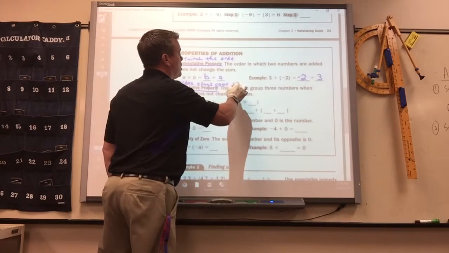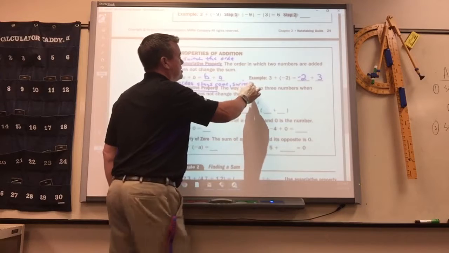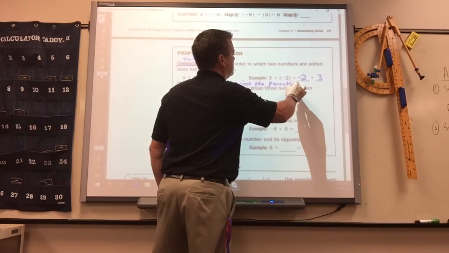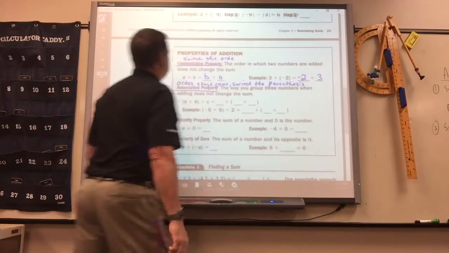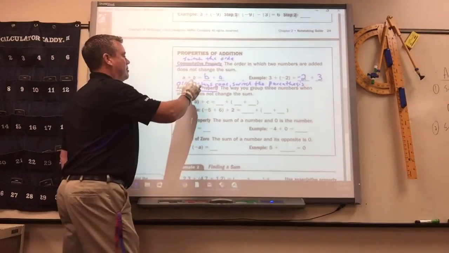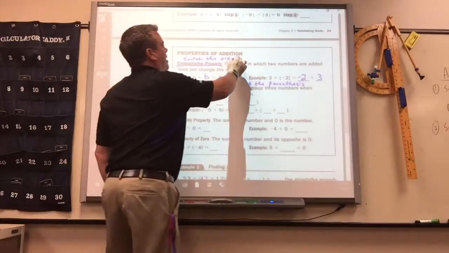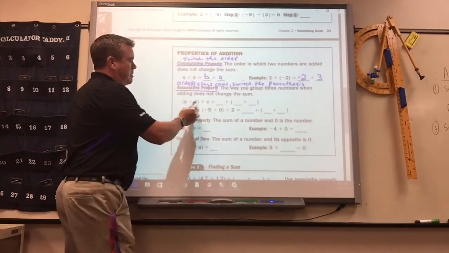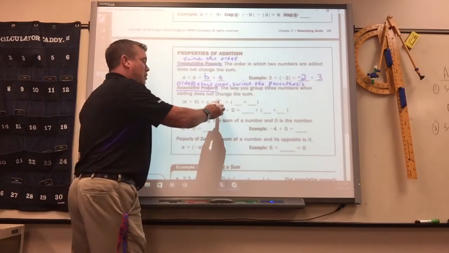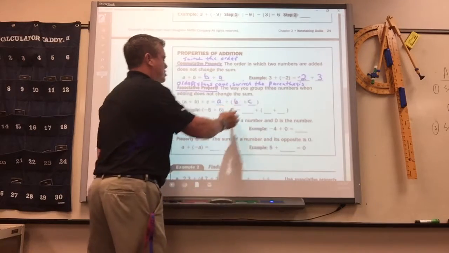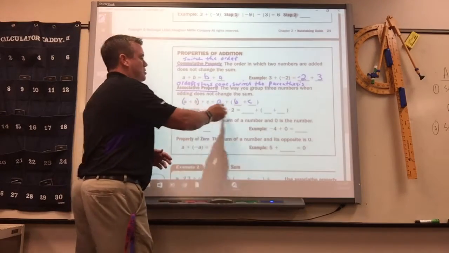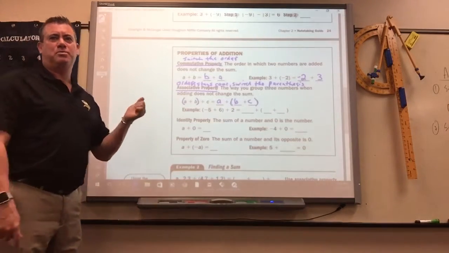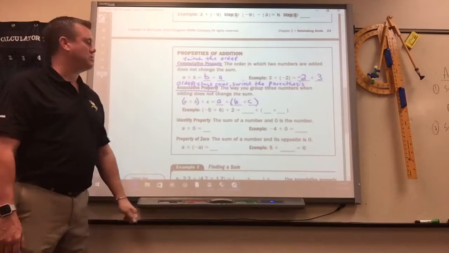What you do is you switch the parentheses. Okay? So, if you got A plus B plus C, remember the order stays the same. It's just you move the parentheses from these two to those two. Okay? And that also is true in multiplication, but not in subtraction or division.